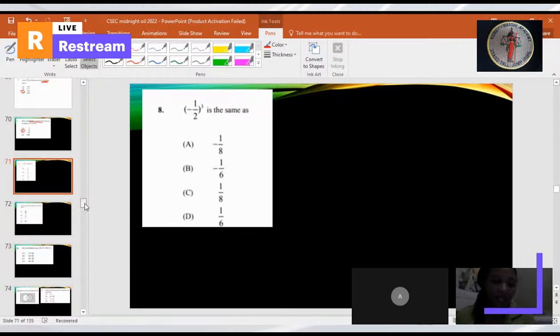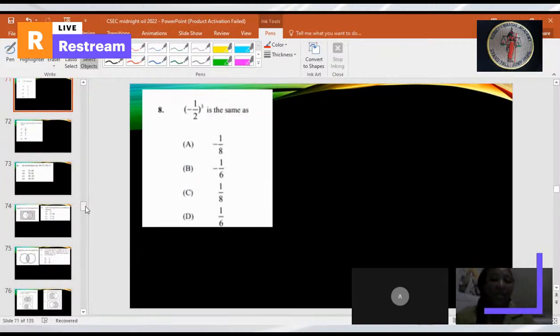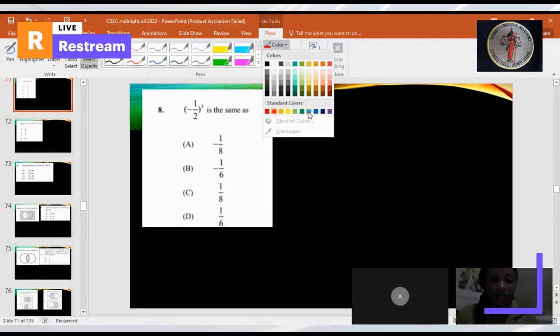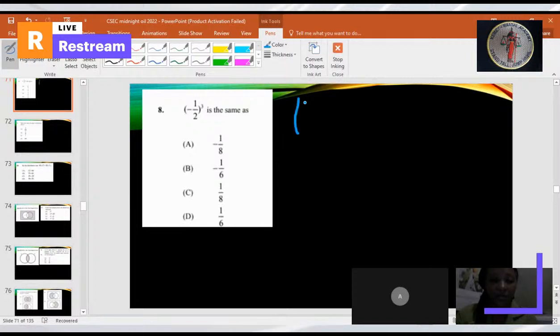All right, so we're at number 8, and it's negative a half to the third power. When we're raising something to the third power, we're multiplying it by itself 3 times. So that would be negative a half times negative a half times negative a half.